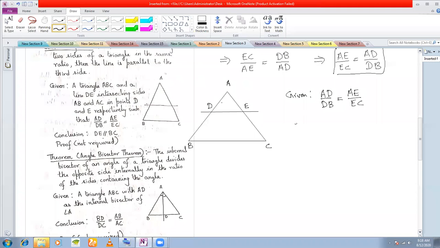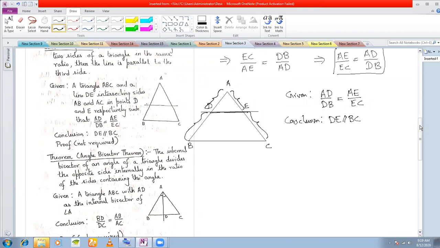That means in a triangle, if you have a triangle and a line in such a manner that this length by this length is equal to this length by this length, then you can conclude that this line DE must be parallel to BC. This is the converse of BPT.